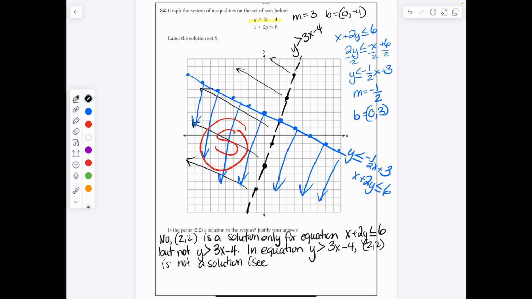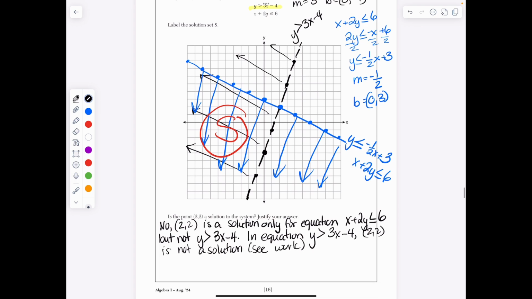And I can say C works. And I can substitute it in: 3x minus 4, and put 2 is greater than 3 times 2 minus 4, or 2 is greater than 6 minus 4. 2 is greater than 2, because 2 is greater than 2 is not a true statement.